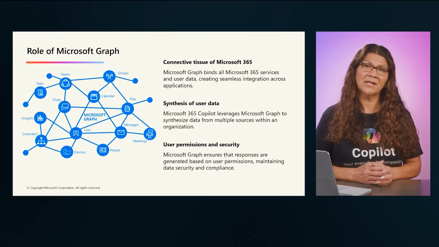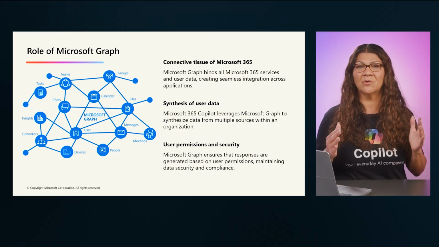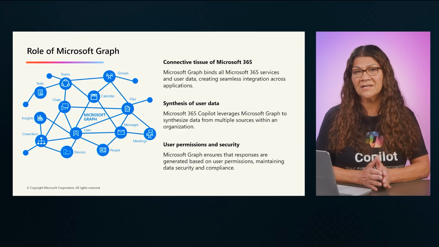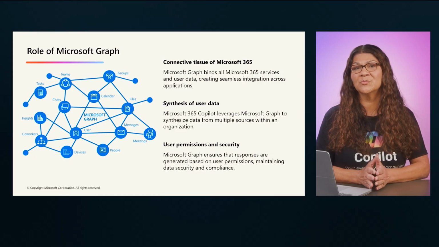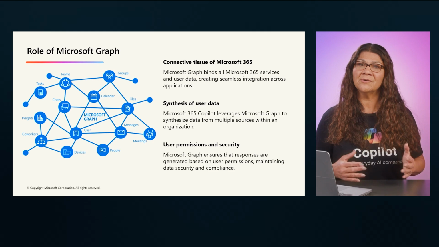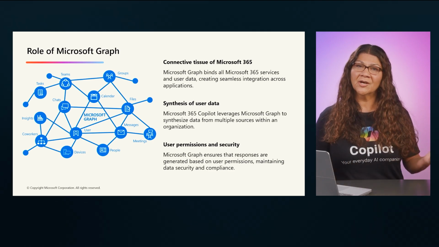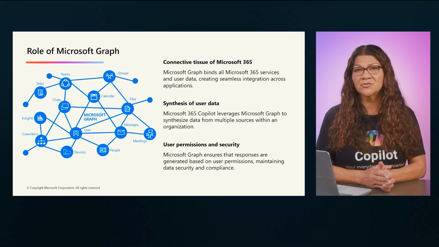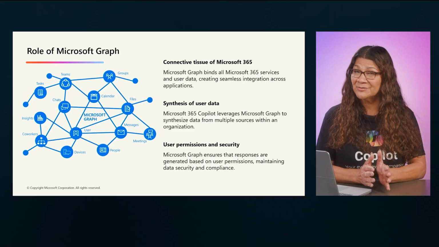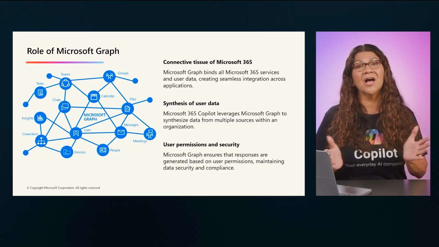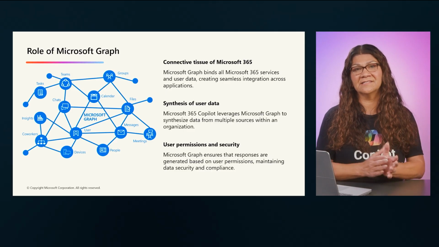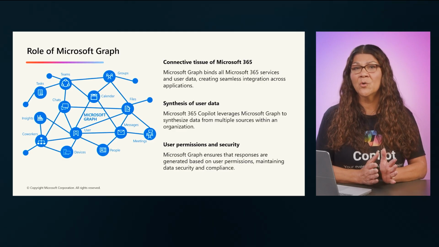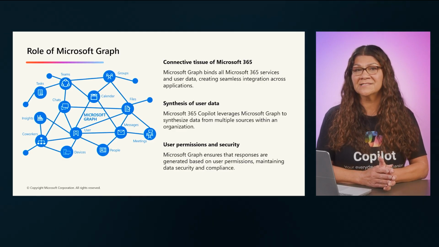Copilot can only access the data you already have access to, and every response is grounded in your tenant's compliance and privacy rules. So if you don't have access to a document, Copilot doesn't either. This ensures secure, trustworthy, AI-generated output while unlocking high-value use cases like preparing for meetings, catching up on project history, or generating summaries across apps.